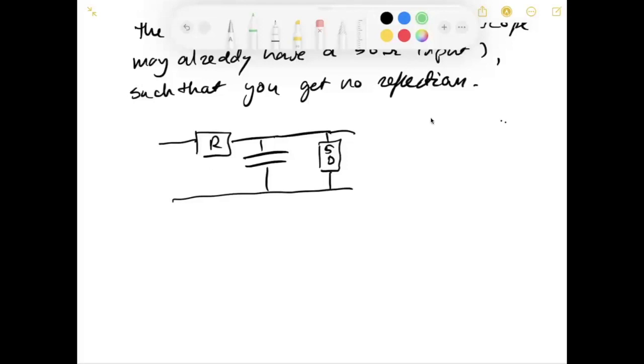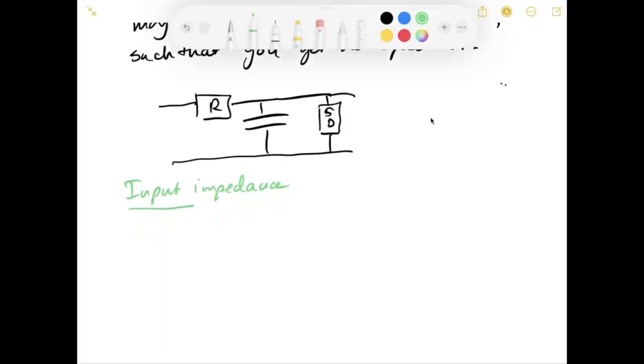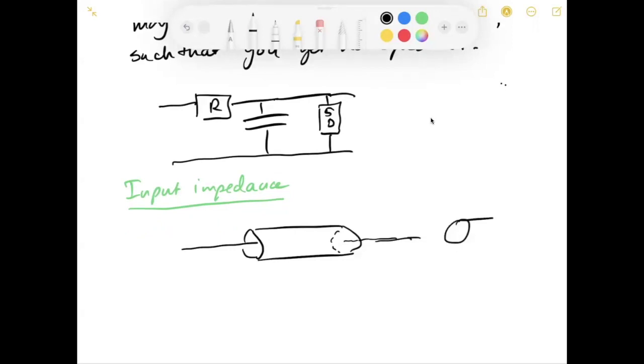All right, input impedance. So the way to read input impedance is, let's say you have some kind of a cable. And then you have, let's say, a BNC port here. It's a coaxial cable. This is your detector. Could be a scope, could be some kind of other device.